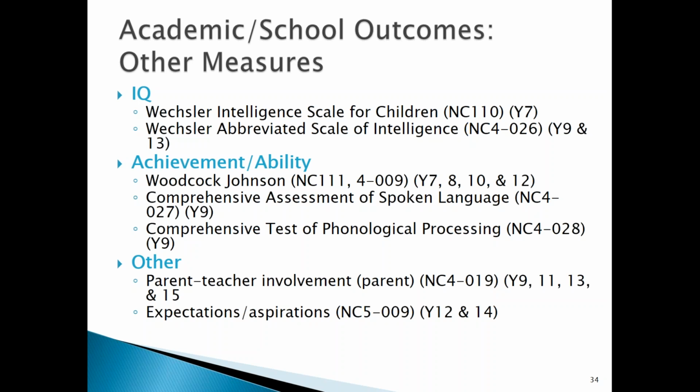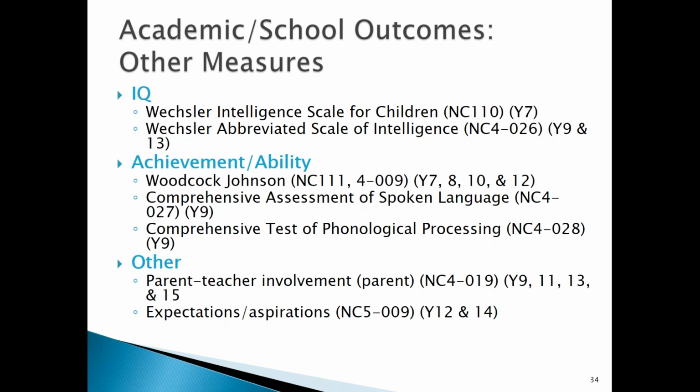There are measures of what I was calling roughly achievement or ability. For example, the Woodcock-Johnson is at a few years. I believe that's the Woodcock-Johnson 3. And at year 9, there are measures of spoken language and phonological processing.